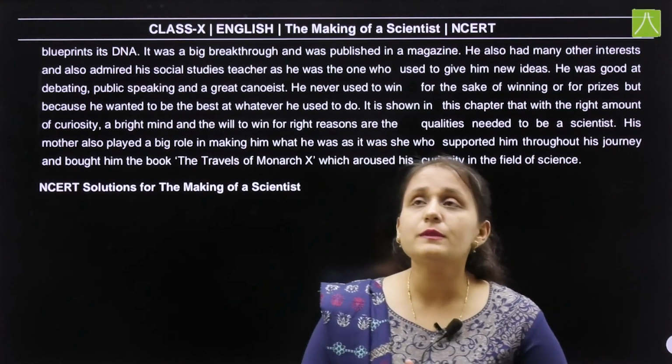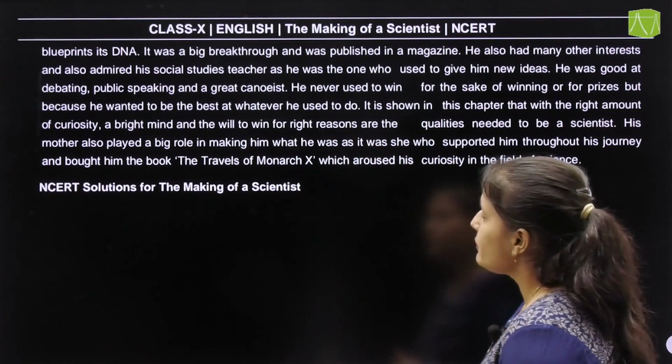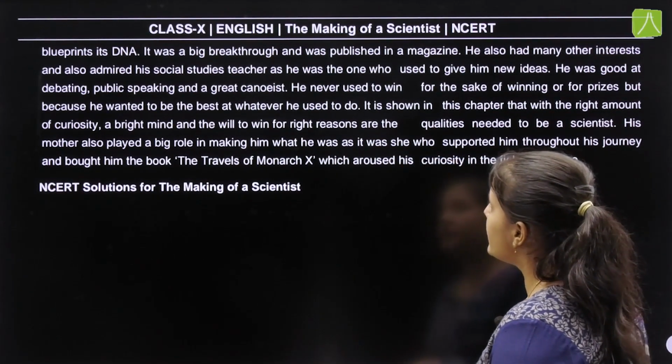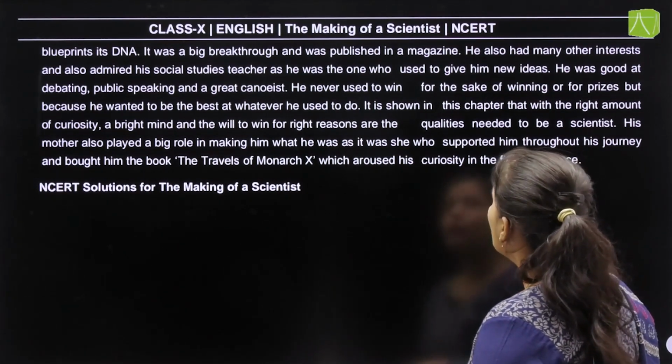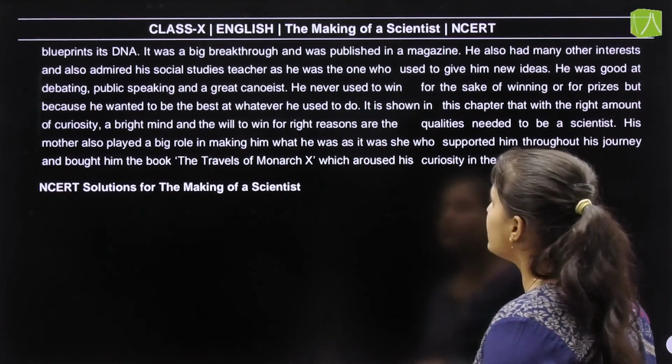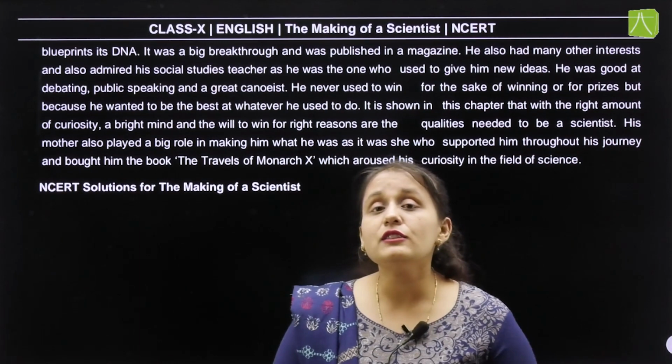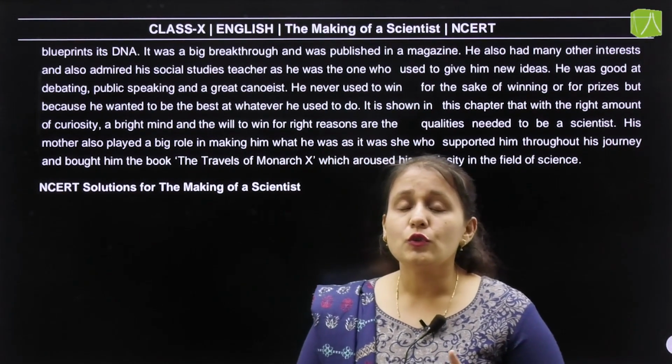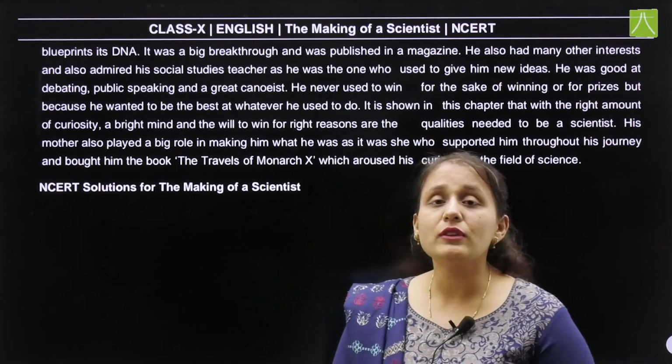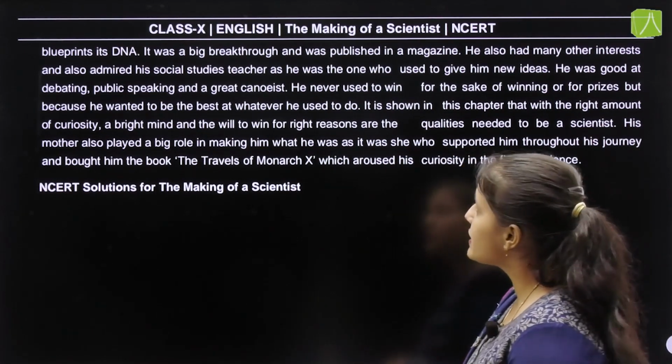So his research was being published in magazines, and he was also admired by his social studies teacher, who used to give him new ideas, जो उन्हें स्कूल में पढ़ाते थे, and he was actually following the path whatever he was telling.